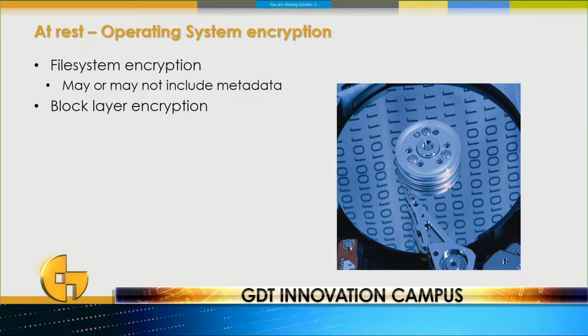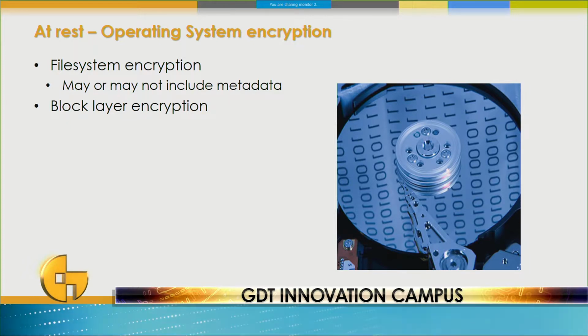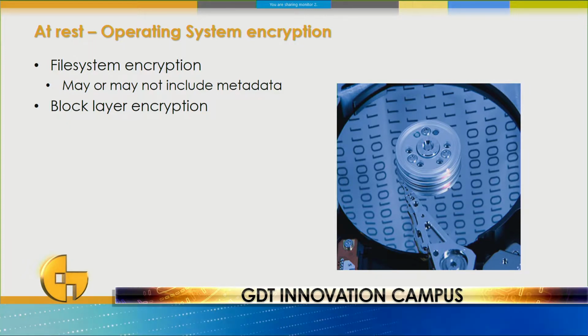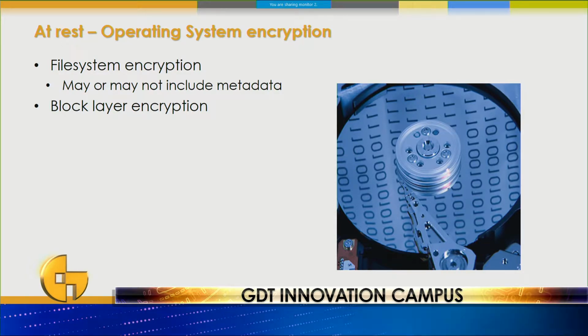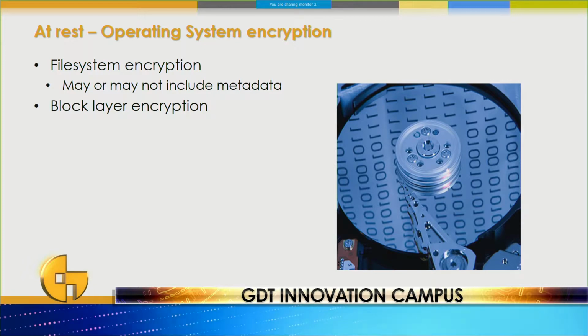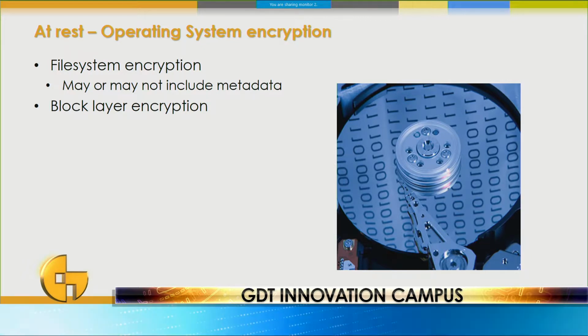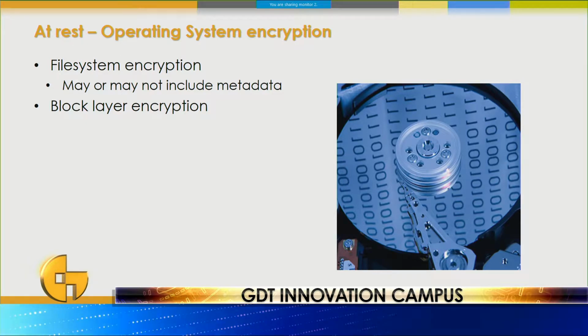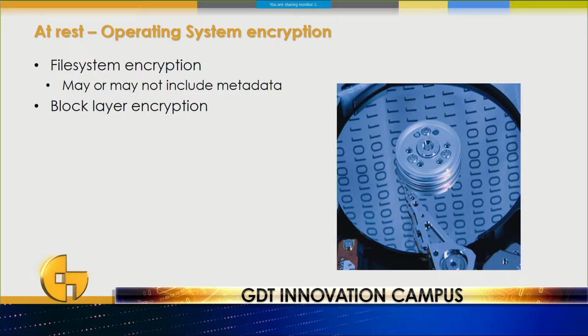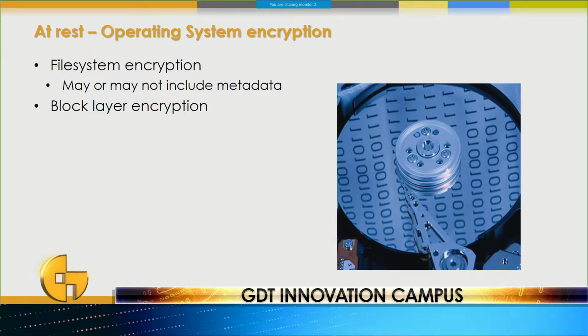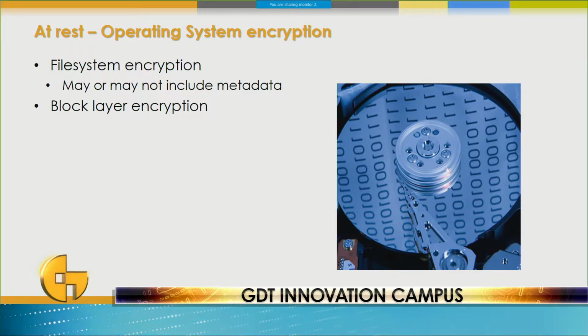So you might have encrypted super secret file 123, but if someone gets a hold of your hard drive, they can see that you have super secret file 123. They're not able to decode it, but they still know that you have it.